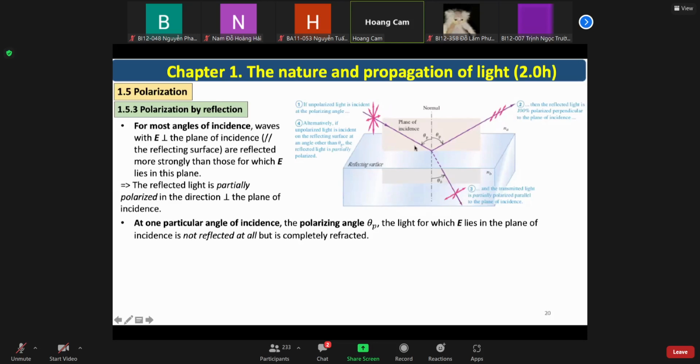The light for which vector E lies in the plane of incidence is not reflected at all, but is completely refracted. So you see here, if the unpolarized light is incident at the polarizing angle, as shown in this figure, the reflected light is 100% polarized, perpendicular to the plane of incidence. So only the component polarized perpendicular to the plane of incidence is reflected, right?